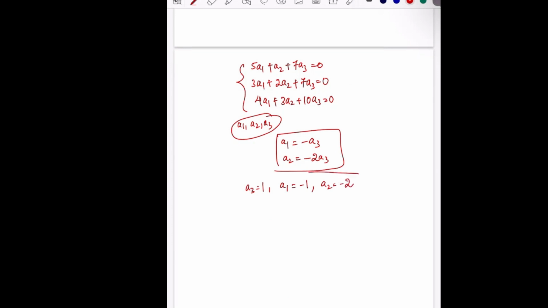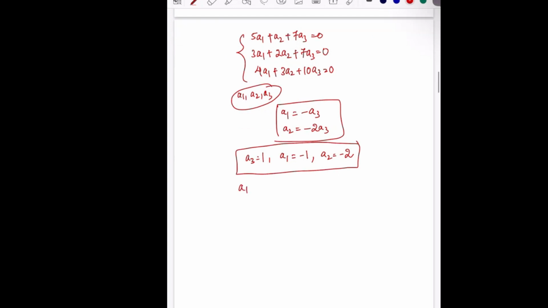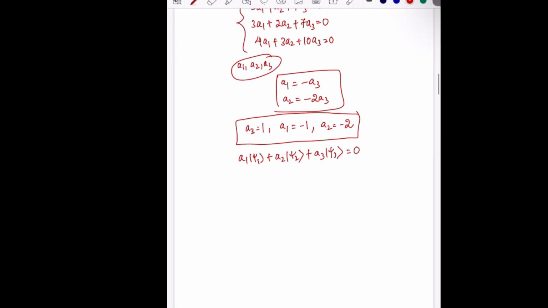If I take this combination, then also for non-zero values of a1, a2, a3, this will give 0. So this means these vectors are linearly dependent.